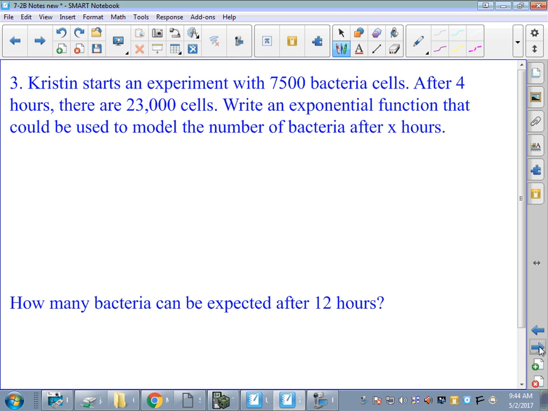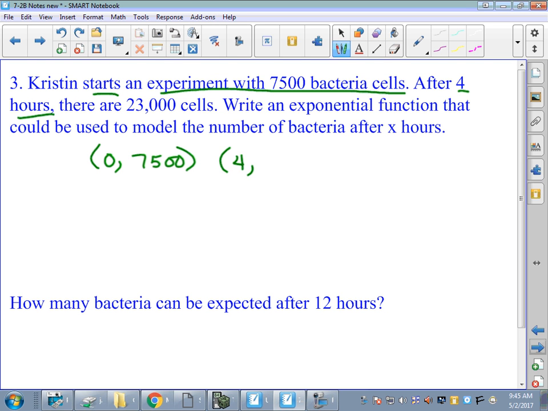Word problem. Kristen starts an experiment with 7,500 bacteria cells. If you start the experiment, that means after 0 time, after 0 hours. So we have 0 hours, 7,500 bacteria cells. There's an ordered pair. After 4 hours, there's your time.